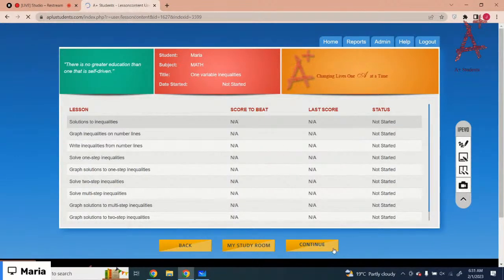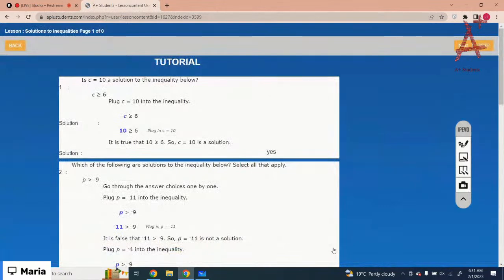Now we're going to learn how to solve the inequalities. Got it? Inequality means the ones that have the less than sign or greater than sign. Not the equal one.